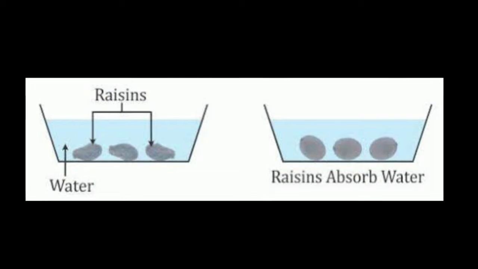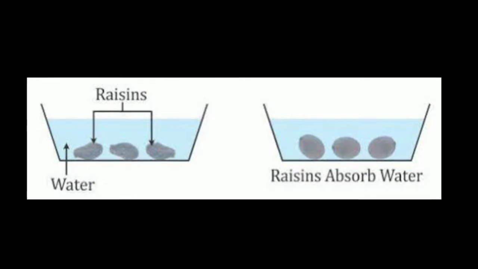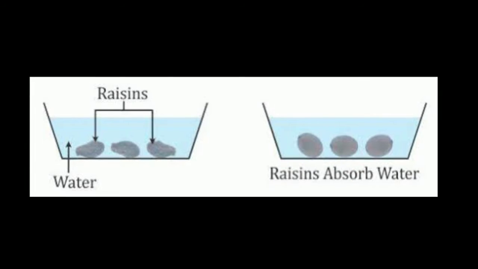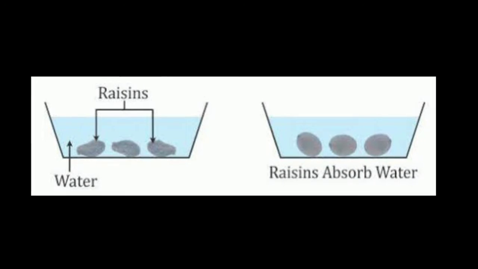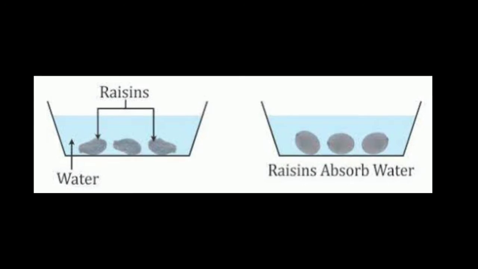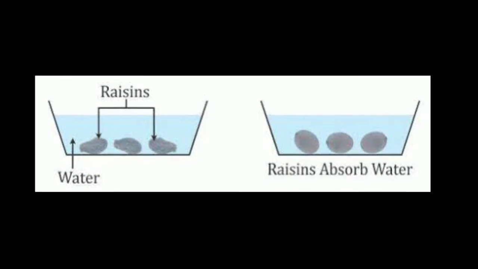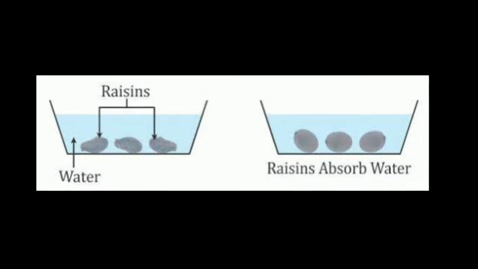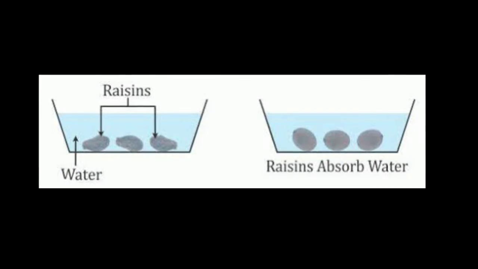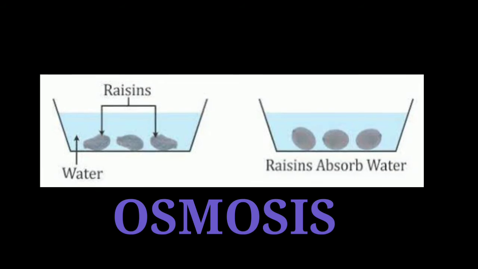At the same time, the swollen kishmish, when kept in sugar solution, all the water which is present inside the kishmish comes out into the sugar solution. That means the cell membranes are allowing only water to move in and out of the cell. So this process is called osmosis.